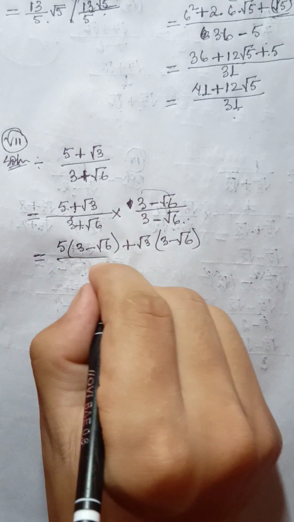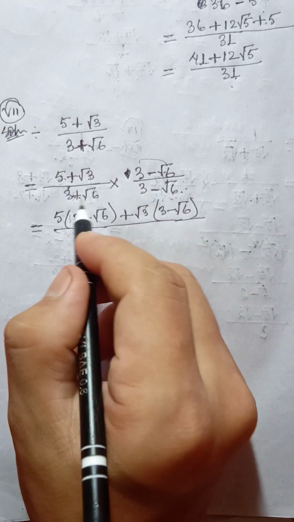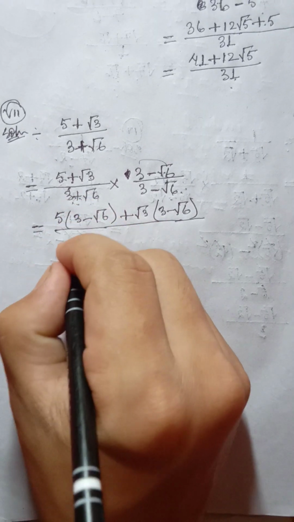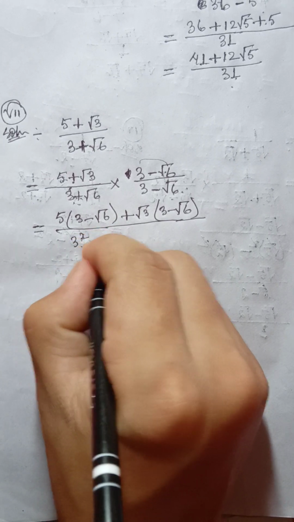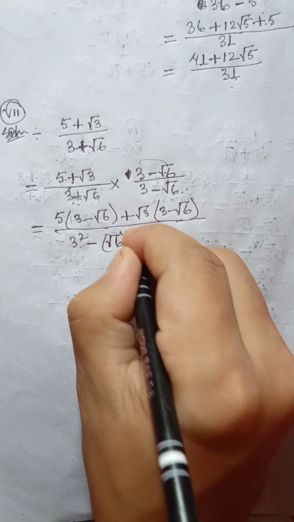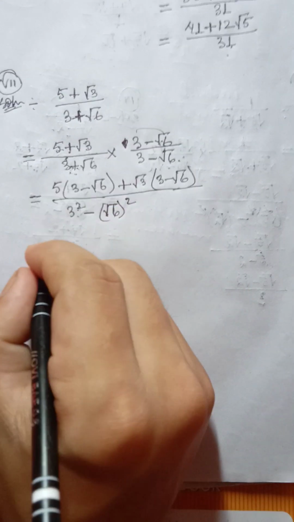Okay, and what can we see? Here we can use a formula that we call a square minus b square. Here the value of a will be 3, and in the formula we have a square. Let's put square here. Okay, minus, what is the value of b? That is 6. So let us put b square as we know from the formula.